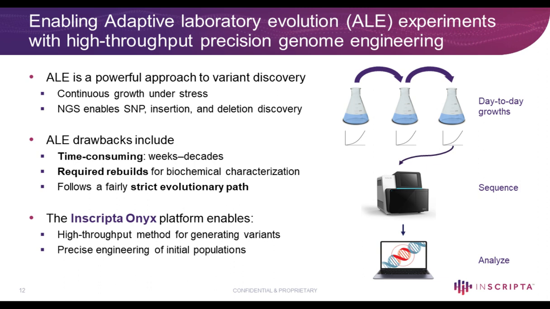If you're not familiar, adaptive laboratory evolution, or ALE experiments, is a high throughput way of generating mutations in strains when you have them assaulted with some chemical that would otherwise inhibit their growth. It's a very powerful approach: under continuous growth in these stress environments, you can get these mutations.